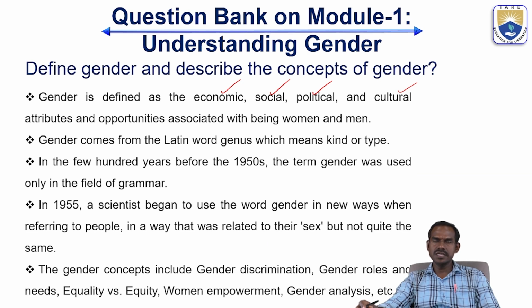Once again, gender is defined as the economic, social, political and cultural attributes and opportunities associated with being women and men. So this is the clear-cut definition of gender and the concepts of gender.